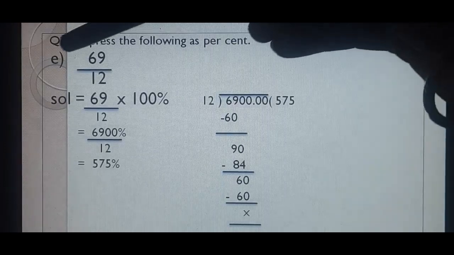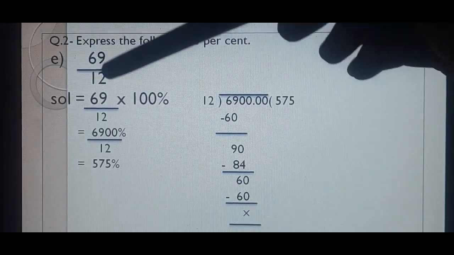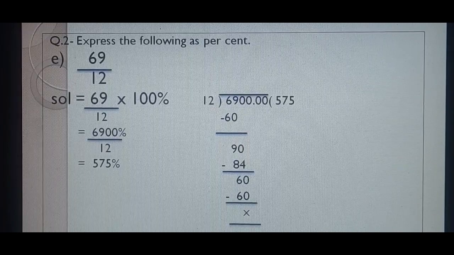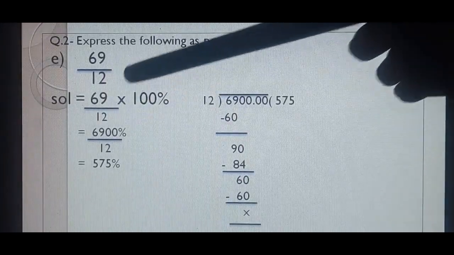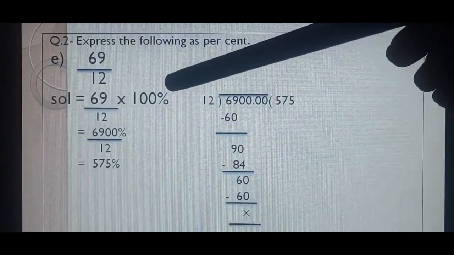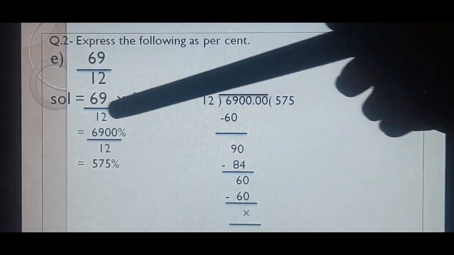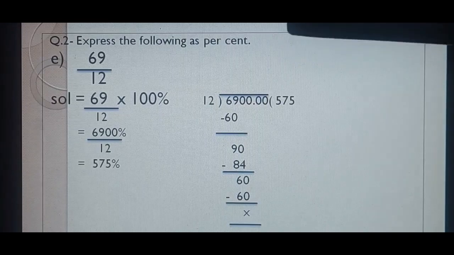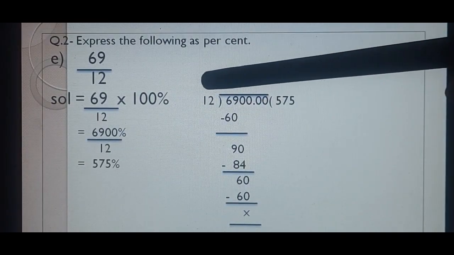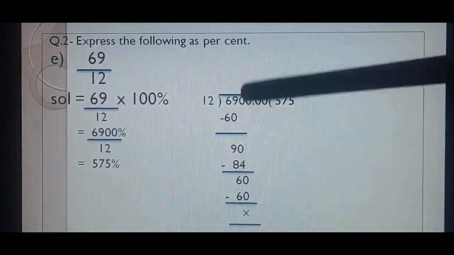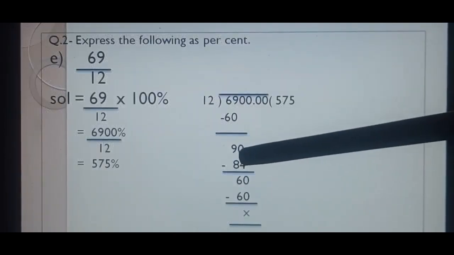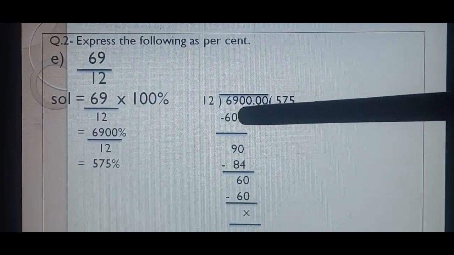Question number 2, E part. 69 upon 12. 69 upon 12 multiplied by 100% will become 6900 upon 12%. That is 6900 divided by 12. 12 5s are 60. 9 minus 0, 9. 6 minus 6, 0.